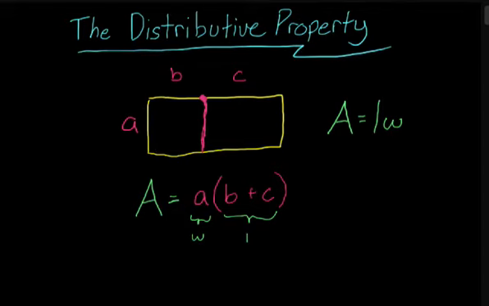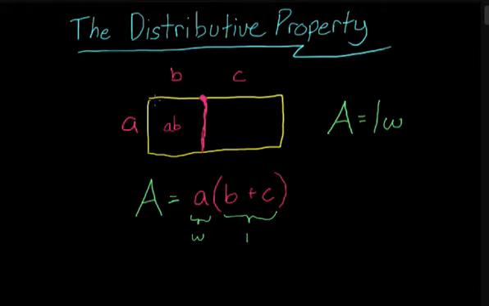So what we're going to do now is calculate the area of this first section of the rectangle. That's just going to be length times width, or in this case, a times b. So that's going to be area ab. And over here, we've got the same width, a, against the length c.